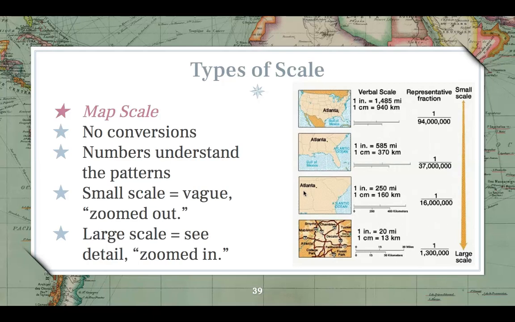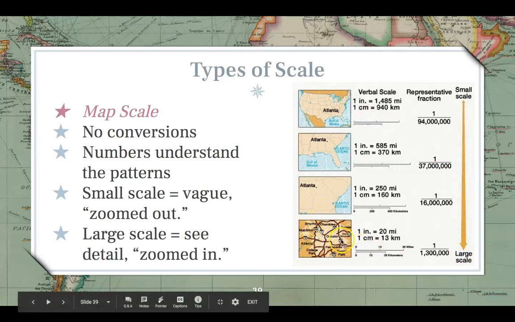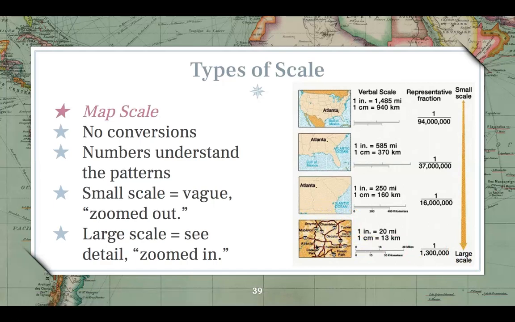The part I think that gets a little confusing with this is you can see up here with this sliding scale, a small scale image is actually the entirety of the United States in this example. And a large scale image is the small local picture of Atlanta.